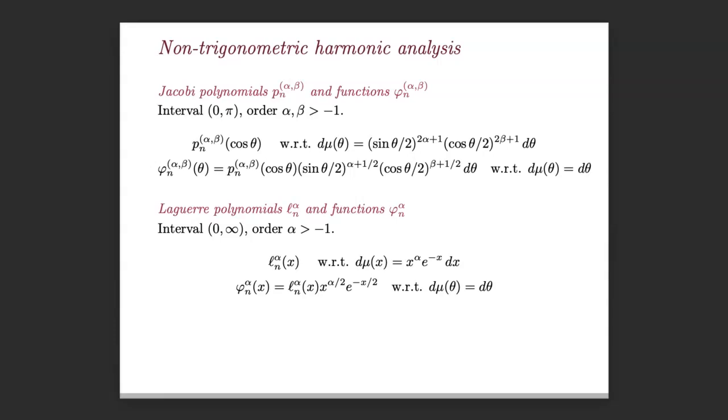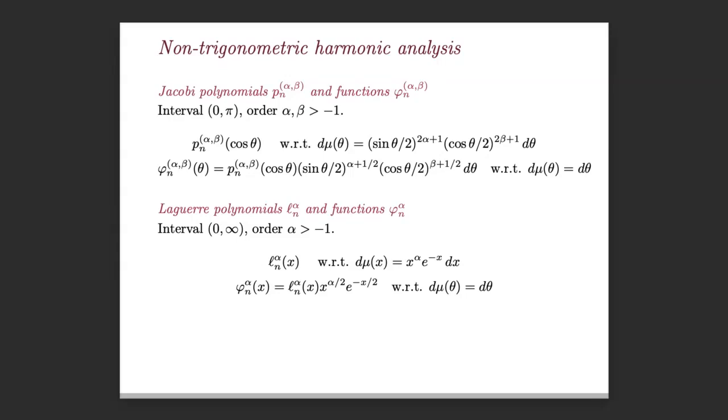And on the other hand, the Laguerre polynomials of order alpha bigger than -1, which are orthonormal on the interval (0, infinity) with respect to this measure involving a power and a negative exponential. Note, please, that both measures depend on the order.